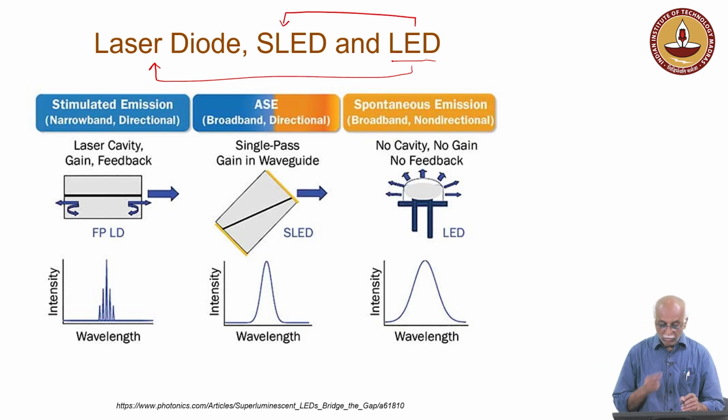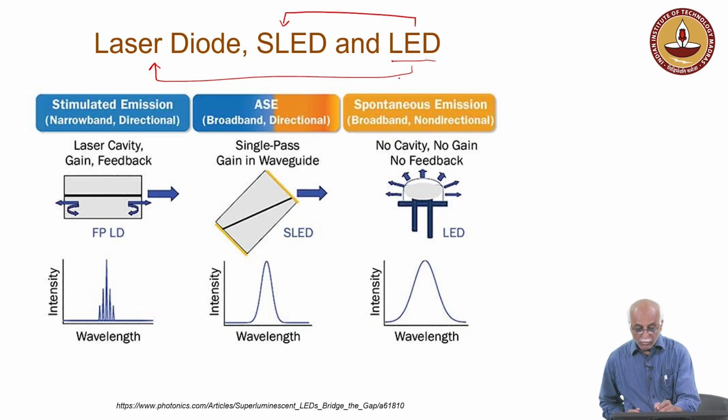So, now what makes a light emitting diode a laser diode or SLED etc.? The pictures shown over here basically represent the configuration of such light sources. Now, a light emitting diode emits light in all different directions.